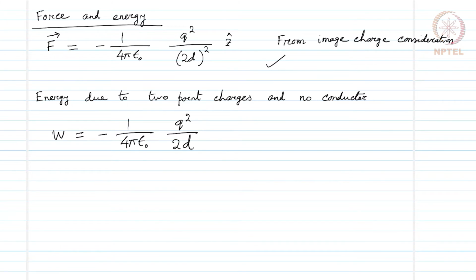Therefore, the actual energy would be minus 1 over 4 pi epsilon naught q squared over 4d.